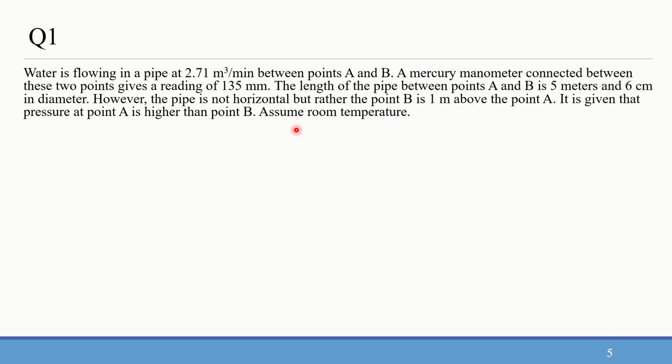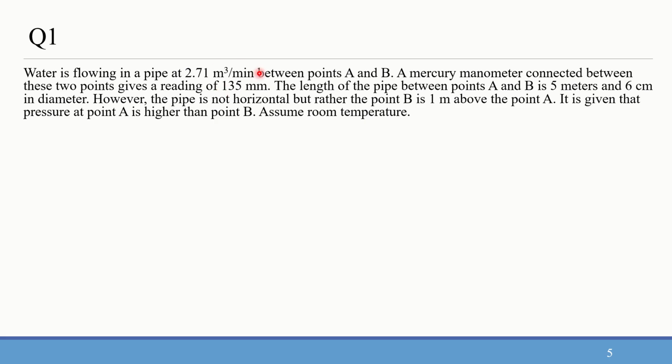Here we are not given from which direction the water is flowing, rather other information is given, like the water flow rate is 2.71 meter cube per minute, which we can convert into meter cube per second by dividing it by 60. So we know the flow rate and we have the mercury manometer connection and we know the height difference in the mercury manometer reading. So with that we can calculate the pressure drop.